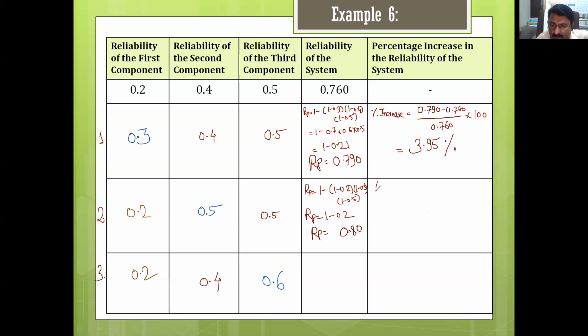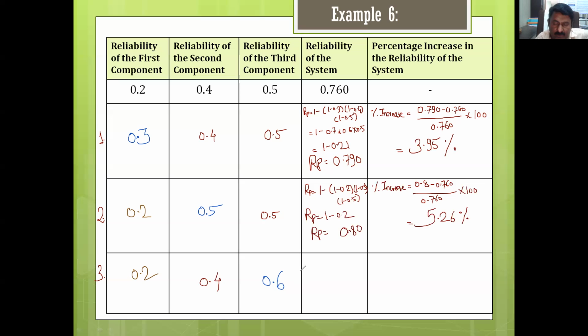So now friends, percentage increase is equal to (0.8 minus 0.760) divided by 0.760 into 100, so it is 5.26%.